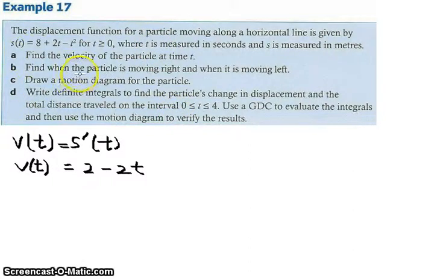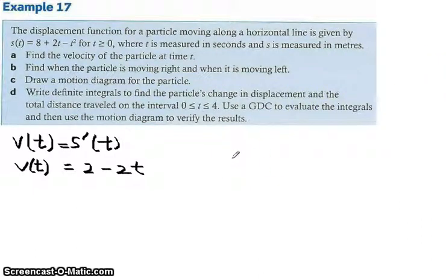Now for part B, they want us to find when the particle is moving to the right and when it is moving to the left. Alright. For this, we need to recap on the fact that when my velocity is greater than 0, what does that mean?